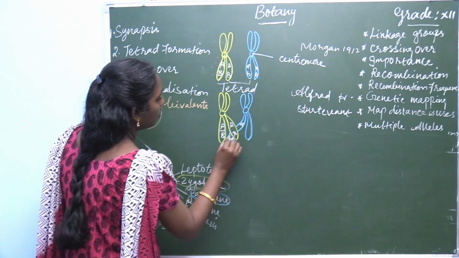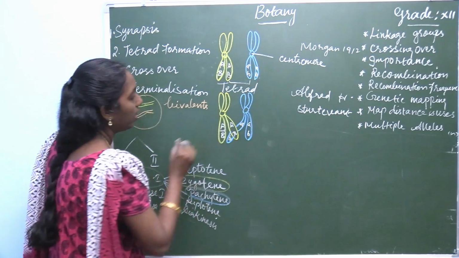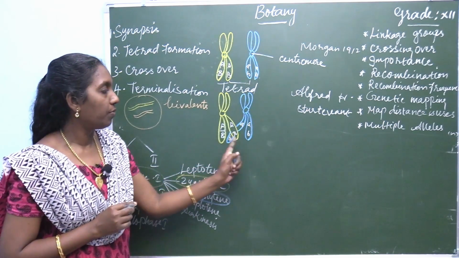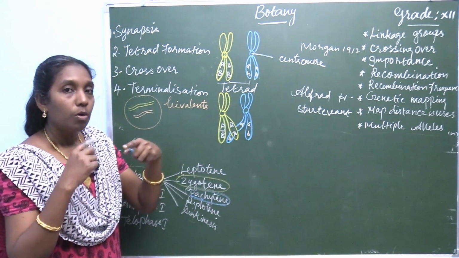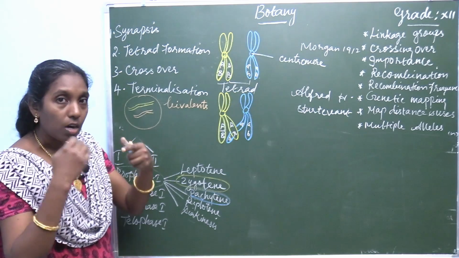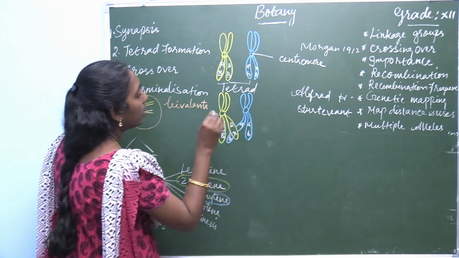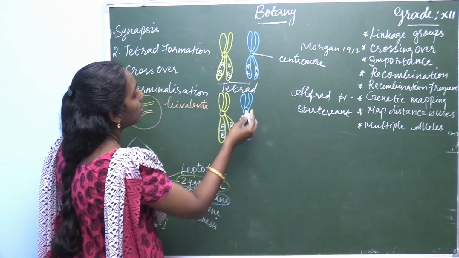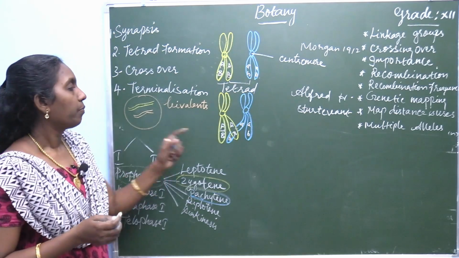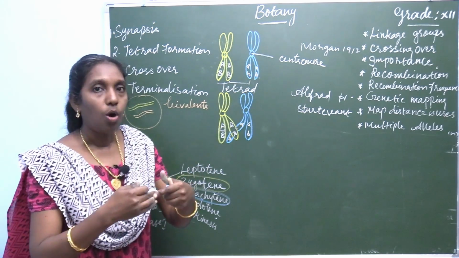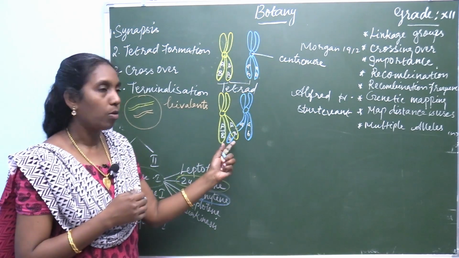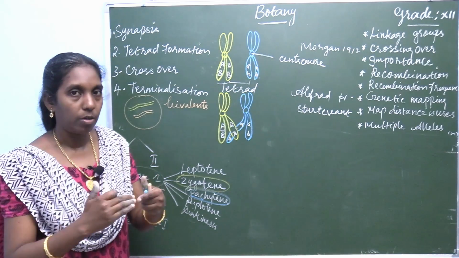Here the genes are A, B, small a, small b, small a, small b. These are the genes and their locations. What happens during crossover? The non-sister chromatids are joined at a particular point.